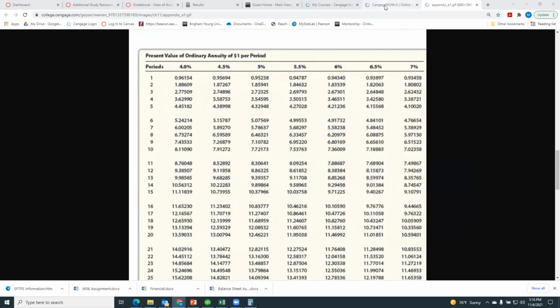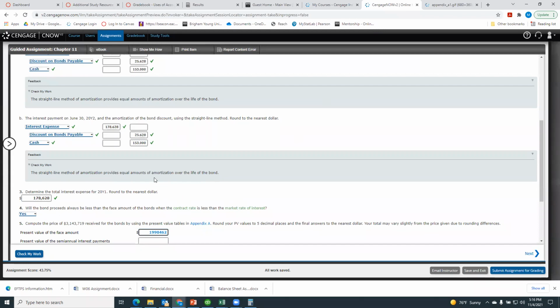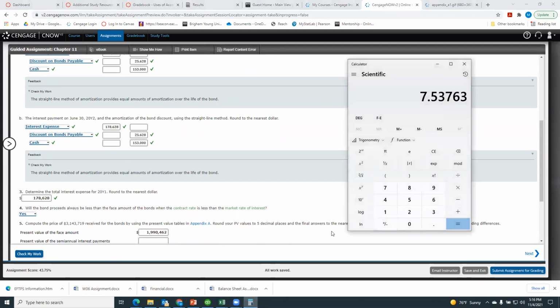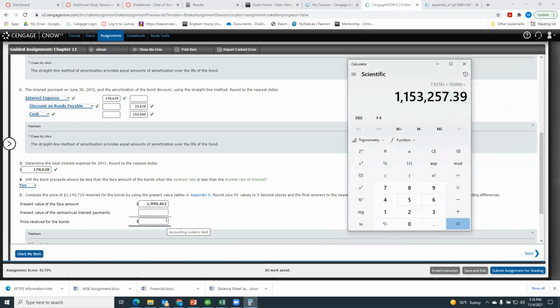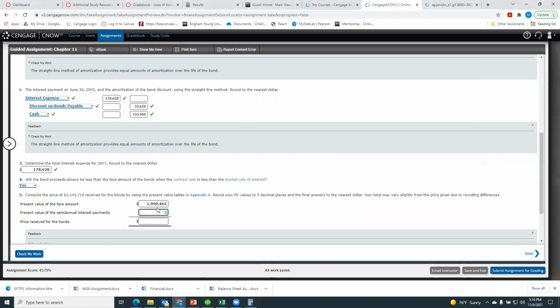And I'm going to multiply that by the amount of each interest payment, which is 153,000. And so the present value of those future cash flows or those future interest payments is 1,153,257.